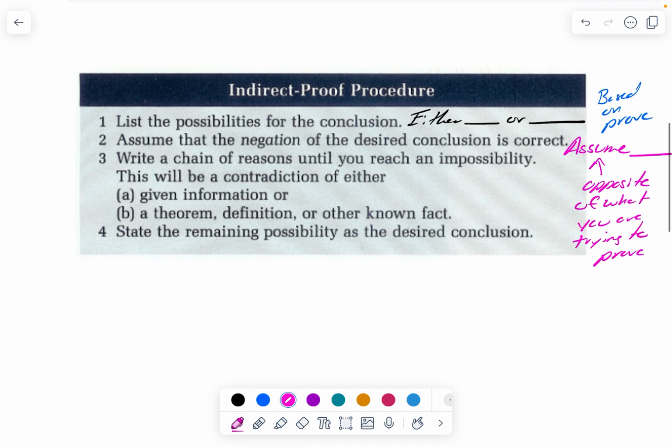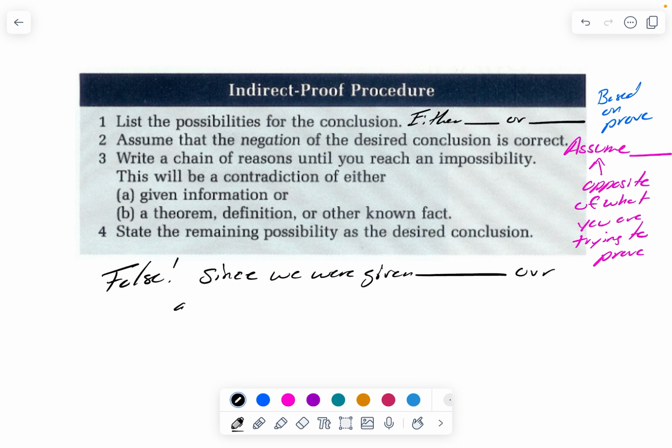And then you just go along with it, right? And then at the end, you're going to have false, right? There's going to be a contradiction. Since we were given blank, our assumption was wrong.